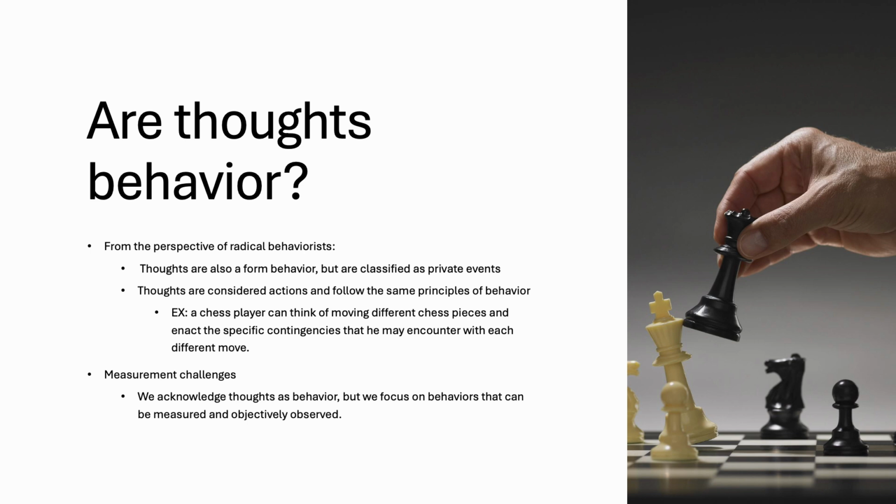They are changing how he will proceed in the future. That's why thoughts are considered a form of behavior, because we can enact those specific consequences that may occur, and that does modify our future frequency of behavior. So yes, they do pose specific measurement challenges, but we do acknowledge thoughts as behavior.